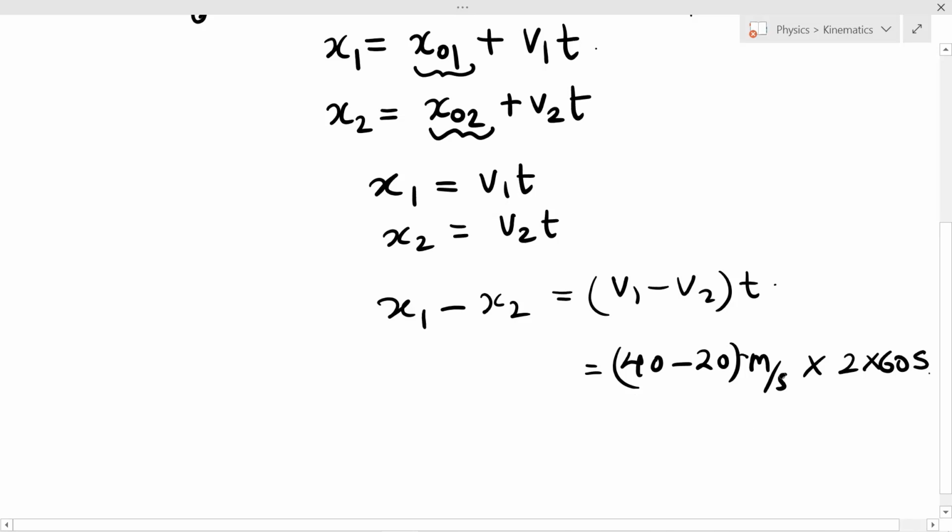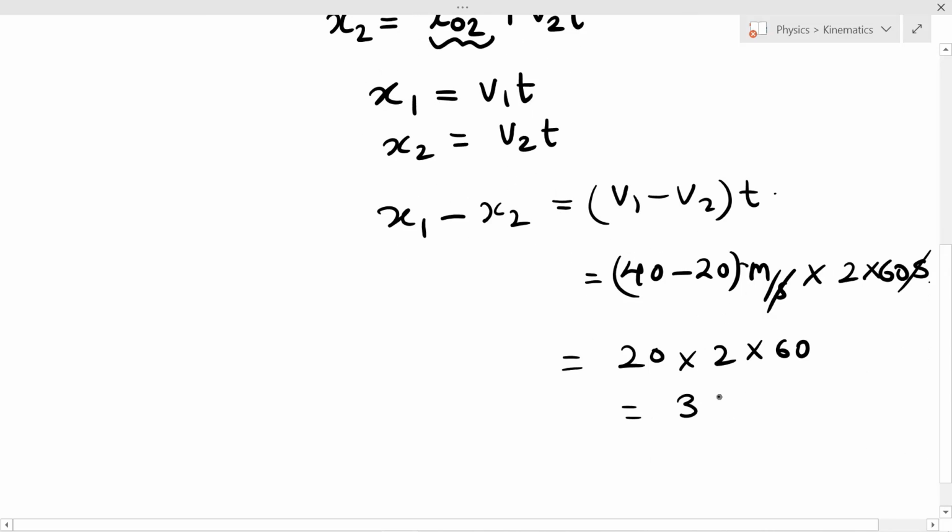So seconds get cancelled. This is 20 into 2 into 60, which is 2400. So this much meter is the separation, or you can say 2.4 kilometer, because 1000 meter is 1 kilometer.